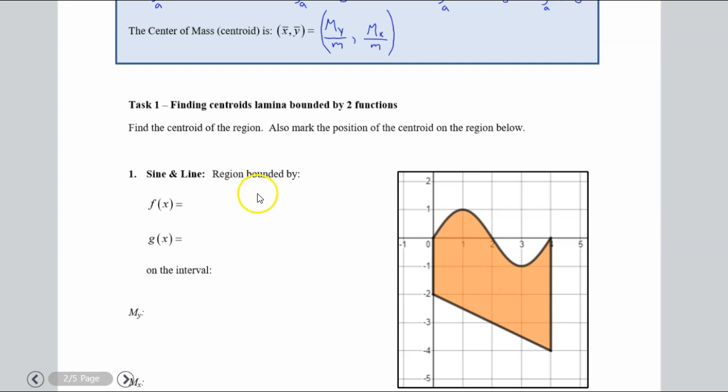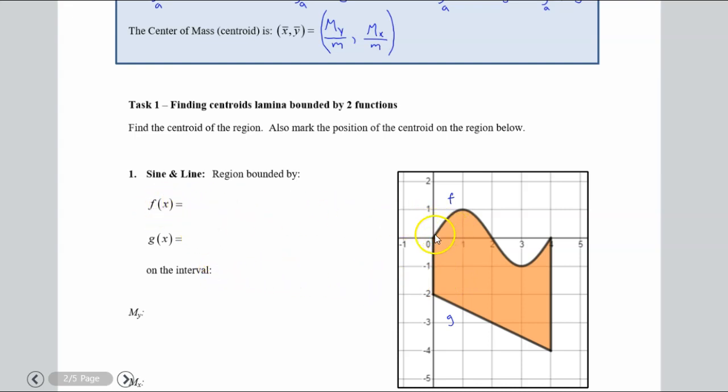What we're going to do is define these functions, our f and our g, where the top one is f and the bottom one is g, and go through some of the calculations. Then you can check at the end by balancing that shape on your fulcrum stand, to make sure you got the right spot.